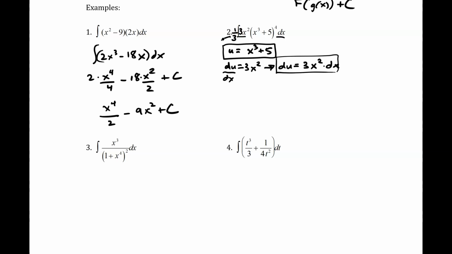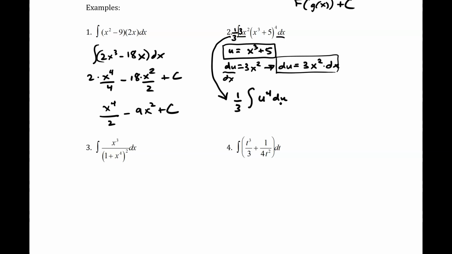And now watch, this problem becomes 1/3 times the antiderivative of, now I'm actually skipping over to the x cubed plus 5. The x cubed plus 5 is my u, right? Because u is equal to x cubed plus 5. So u to the 4th, and 3x squared dx can be taken out, and in place of 3x squared dx, I'm going to put du.